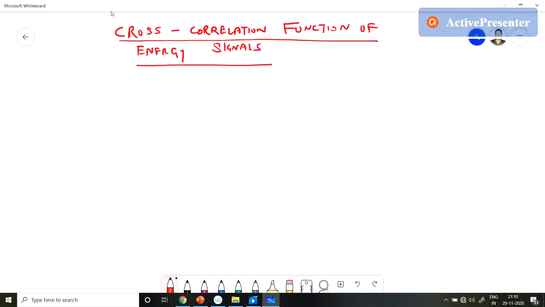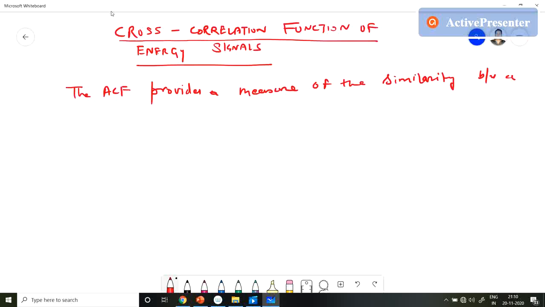Basically the autocorrelation function provides a measure of the similarity between a signal and its own delayed version.